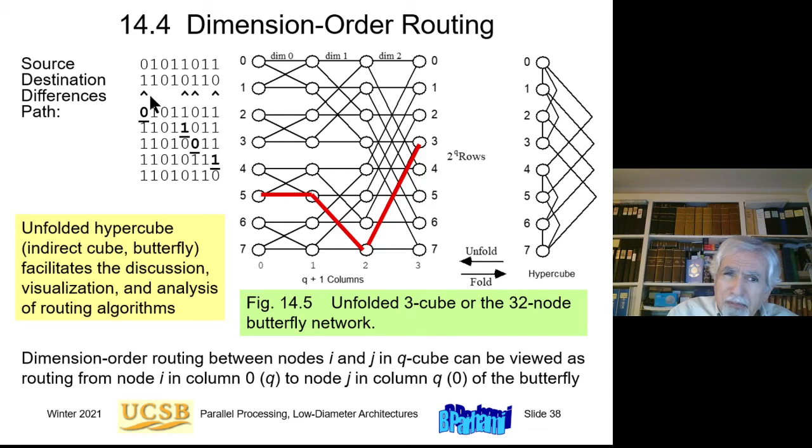So let's say we start from the highest dimension, we do a descent algorithm. So change this 0 to 1. So go from this node to this node. Dimension 7 step. Then do a dimension 3 step. Change this 1 to 0. Then do a dimension 2 step. Change this 0 to 1. And finally a dimension 0 step. Change this 1 to 0.